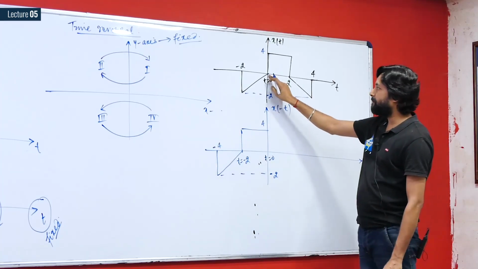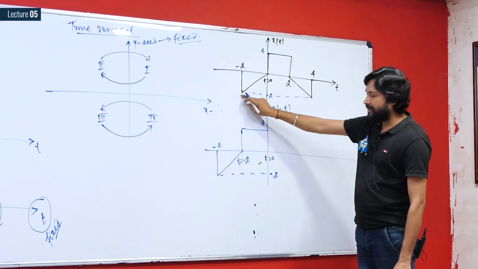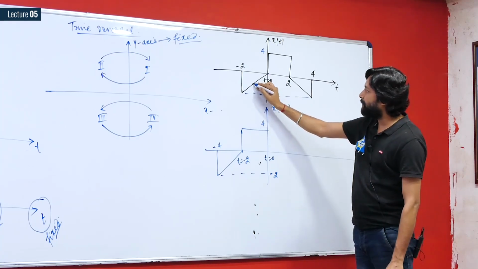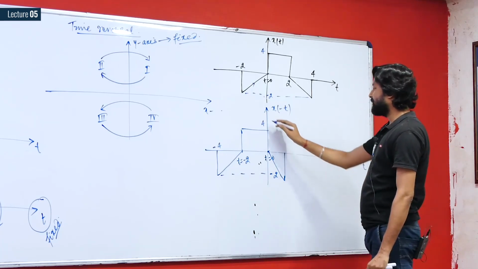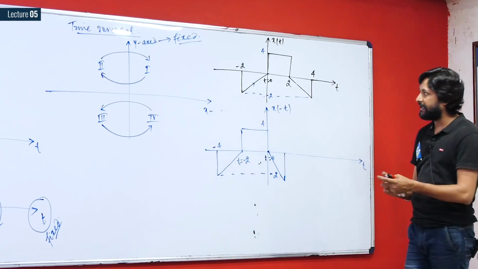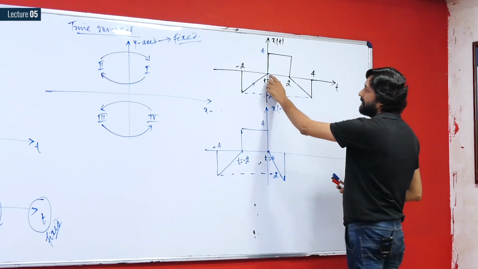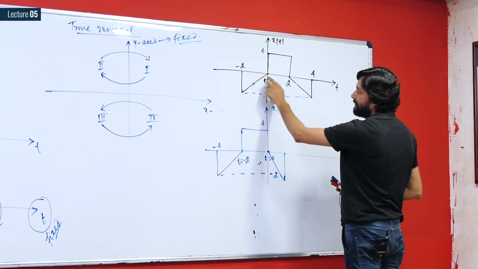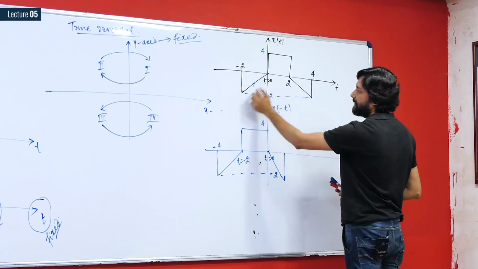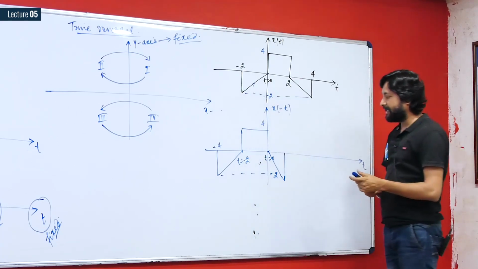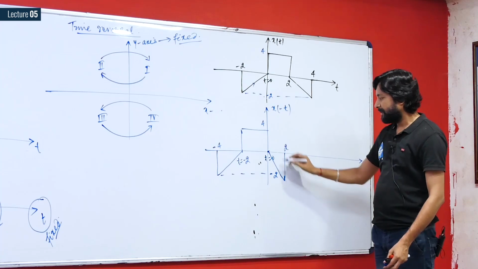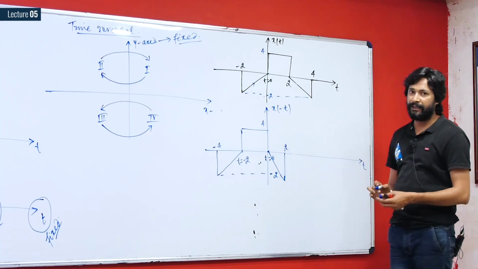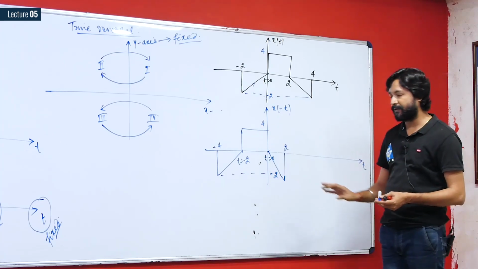Then the signal increases its value from minus 2 like this. This is your signal x of minus t with respect to t. Between minus 2 and 0 the signal is increasing, and from 0 to 2 the sample values decrease from 0 to minus 2.